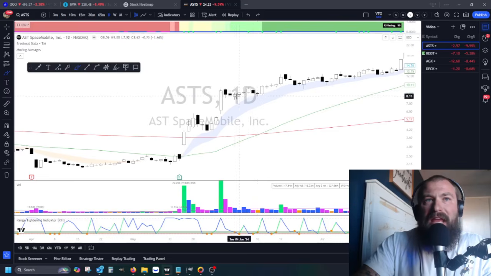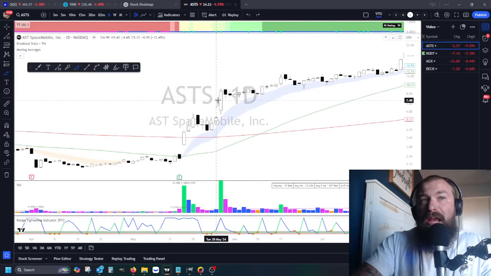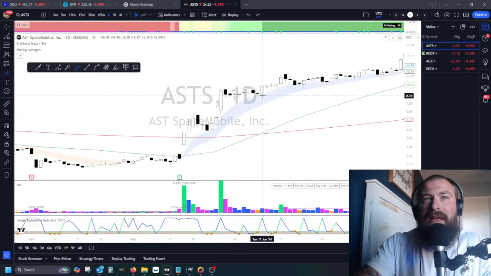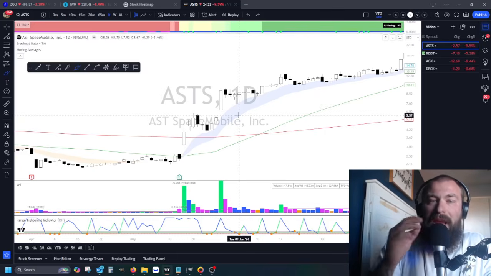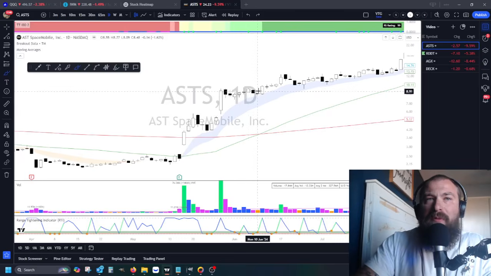So you have a stock that's moved up quite a bit, and now it's trading sideways, and it's slowly fading into the moving average, and then it has this big breakout. And so what we are looking for when a stock is breaking out from a consolidation from a big momentum burst is that the range is expanding. And so that's what we mean by a breakout.